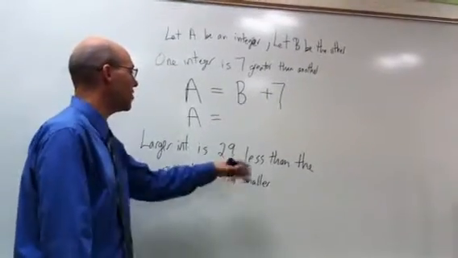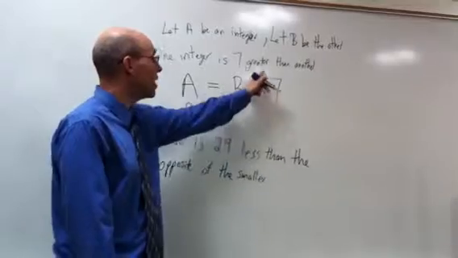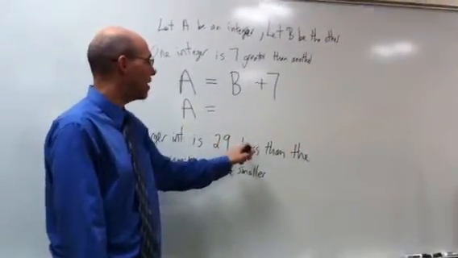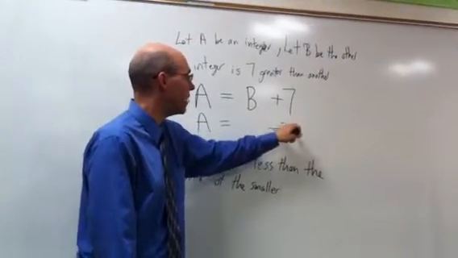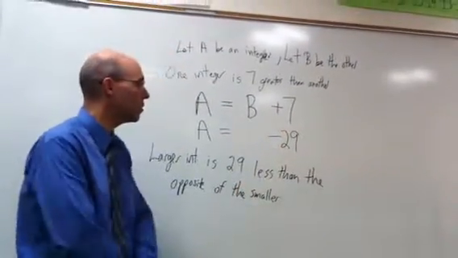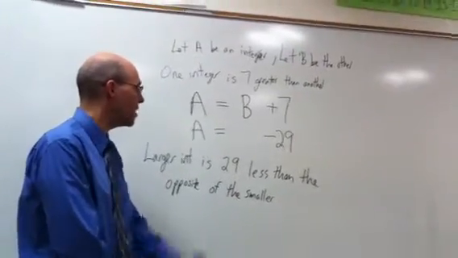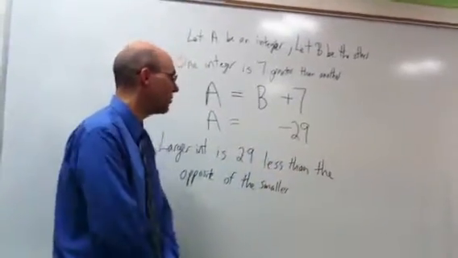So it's 29 less than something. Remember, greater than something was plus 7. So 29 less than something, that's going to be whatever it is minus 29. Whatever it is we're talking about, we haven't gotten there yet. But so we're going to take away 29 from whatever it is. Now let's keep going and see what we're subtracting from.